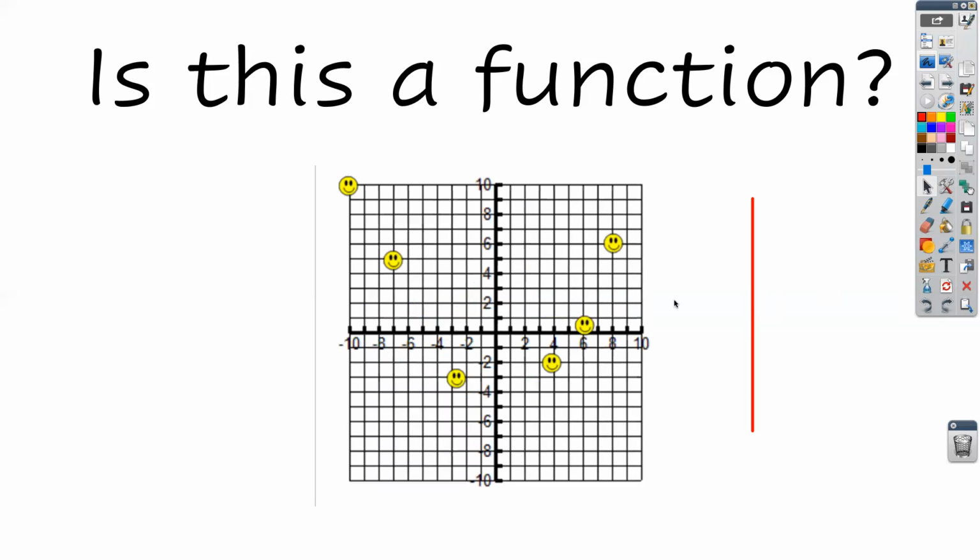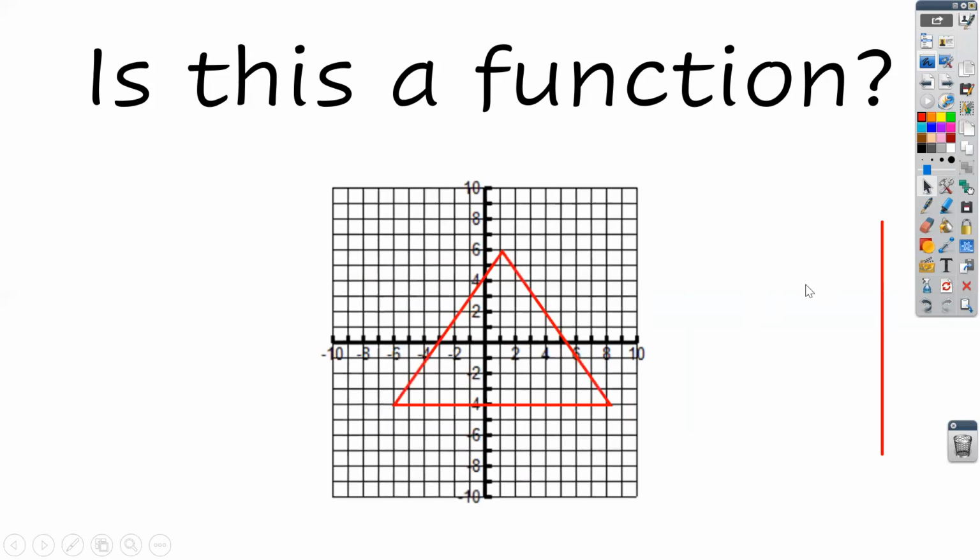Okay, this one, it's just coordinates, or in this case, happy faces. But if I go to each one, the line only touches each happy face one time each, so yes, it is a function. If I look at the triangle, nope, not a function because it's touching here and it's touching there.